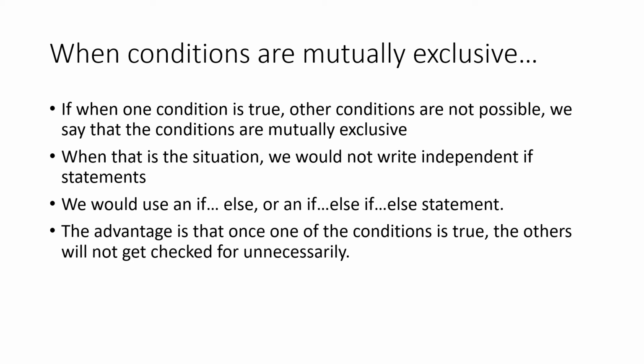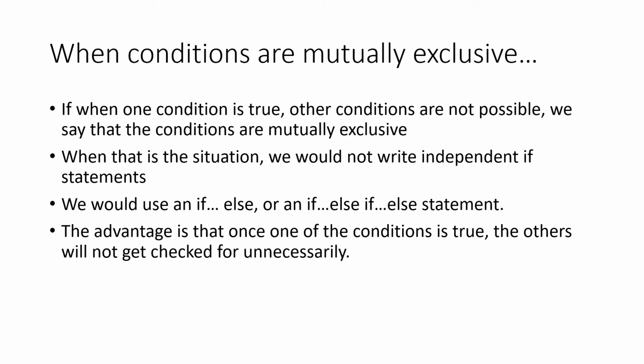We would use a structure that is called the if-else, if it's only 2 alternative outcomes like pass or fail. Or you could have more cases, and in that situation, you would use an if-elif-else statement.